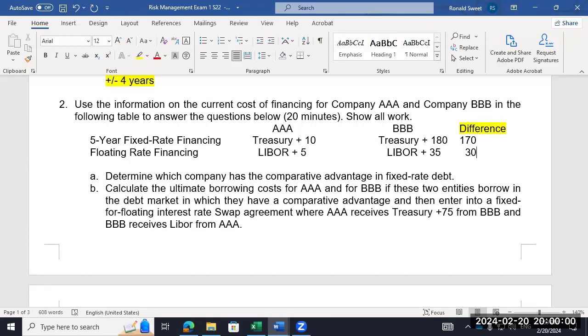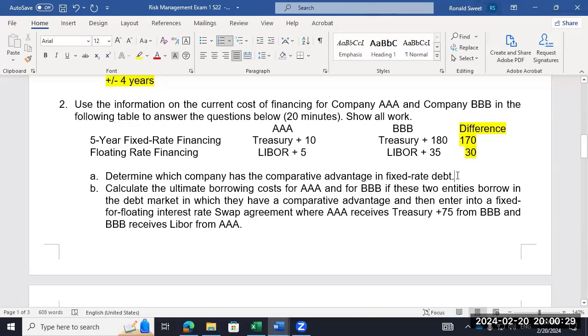Is that what you expect or is it out of whack? That one you expect. Why? Term structure of credit spreads. Longer term bonds, high quality gets a bigger difference than floating rate. Okay, write that difference down first. I'll probably have SOFR on the exam, but that shouldn't bother you. Bill Gates is so picky on stuff like this.